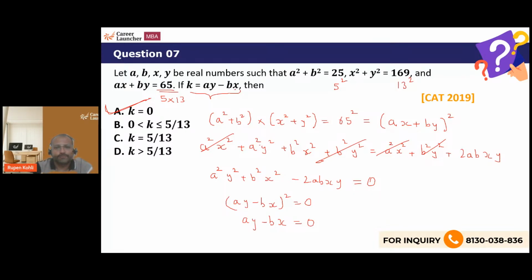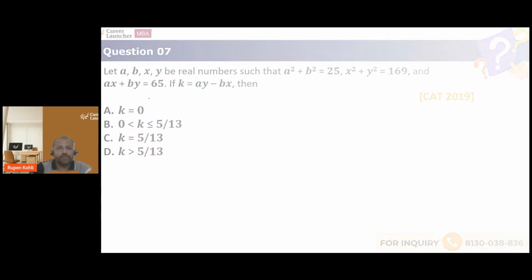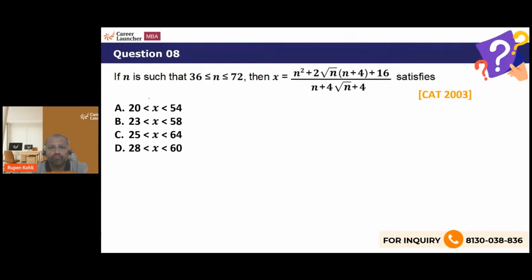All right, let's take one more. Next one. All right, so this is a CAT 2003 question, and I put this deliberately for a fact that a little bit of manipulation is required in this one. Let's see if you can get this.